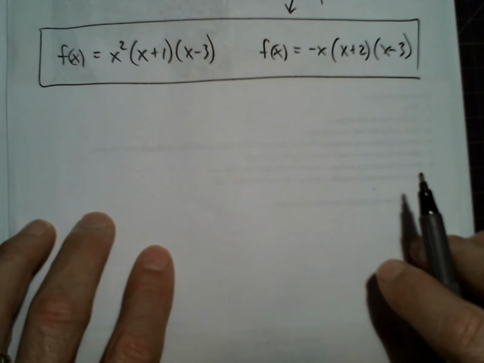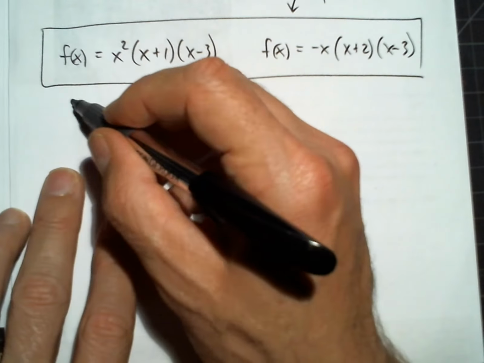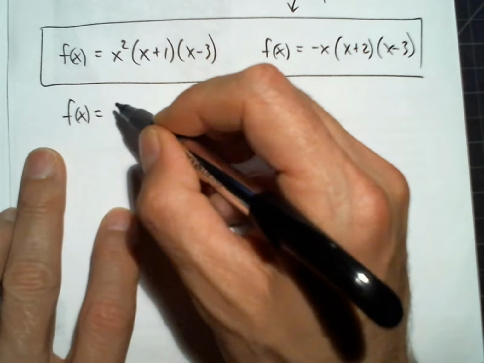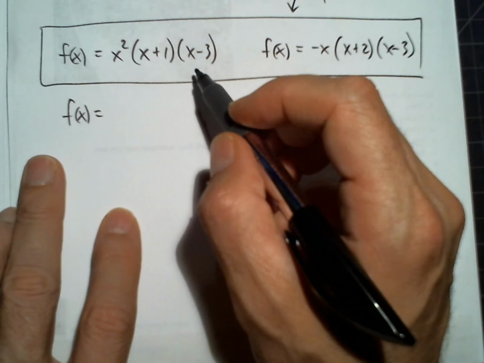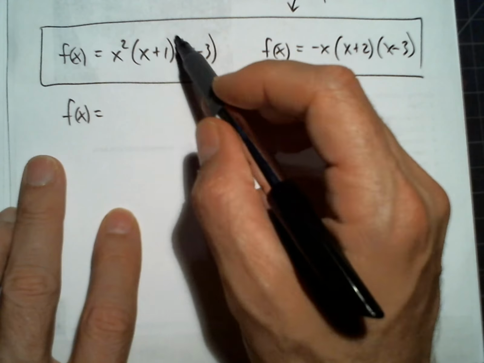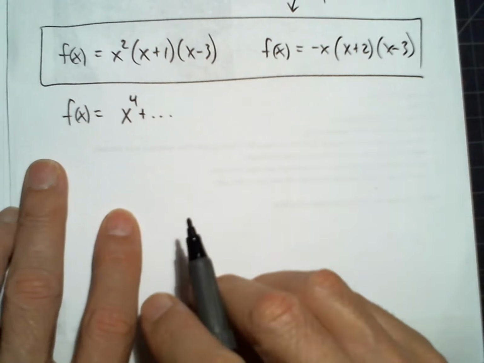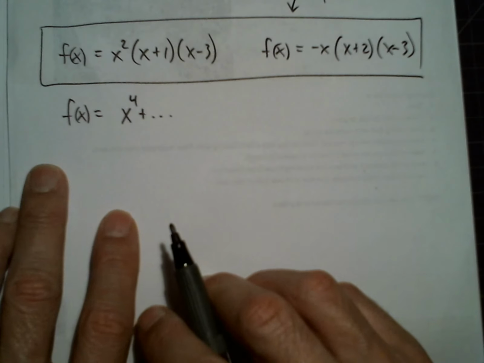So let's determine the end behavior of these, and we don't have to expand it because all we need is the first term, x squared times x, that's x cubed, times another x is x to the fourth, and then we'll just have some other terms after that.